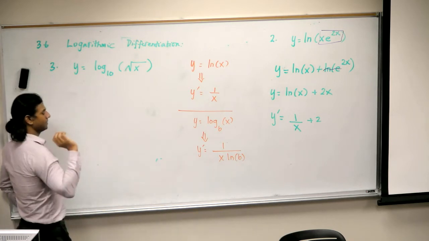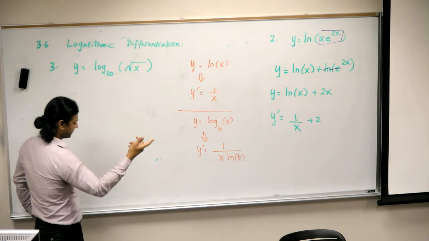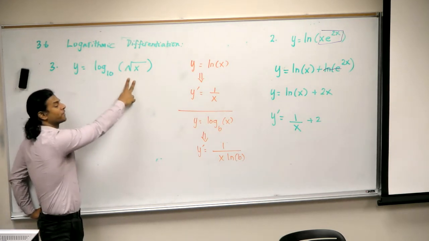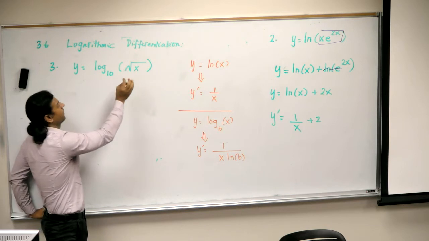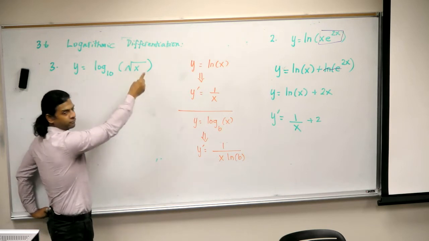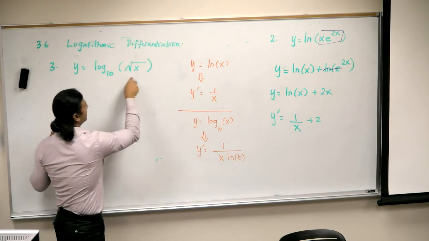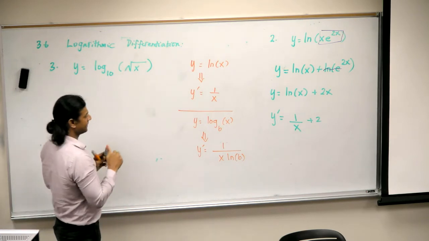So Gio jumped to a mistake. His thought process was to take the derivative of log base 10 of square root of x directly.